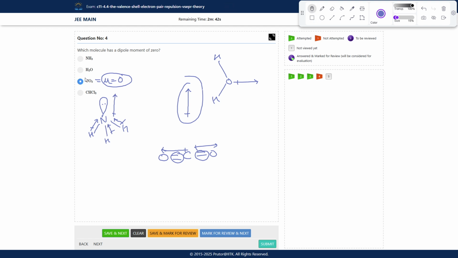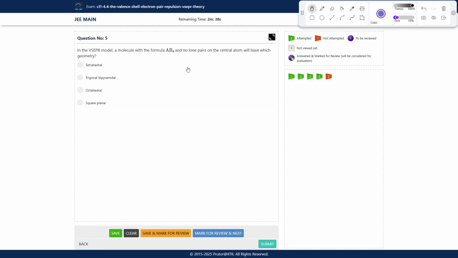Moving on to the next question. In the VSEPR model, a molecule with AB4 and no lone pair on the central atom will have which geometry? It's very simple.